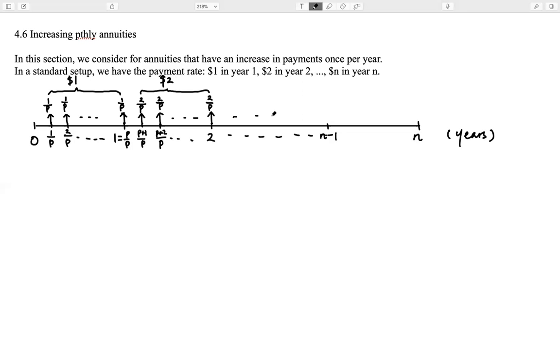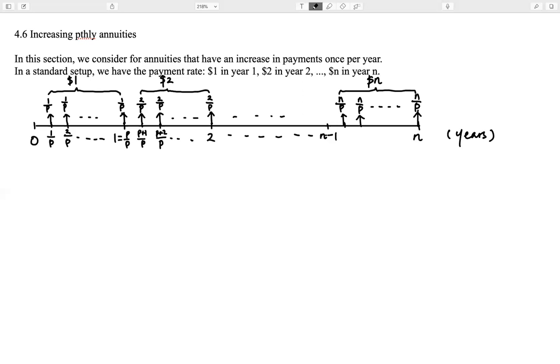Right? So you can easily do the analysis. So here the amount would be 1 over P, 1 over P, okay, N dollars.